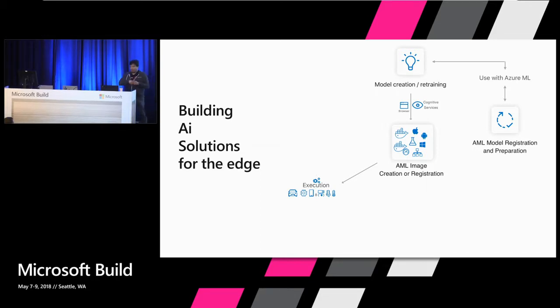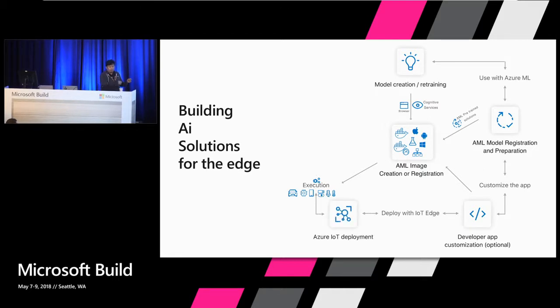So the path we're going to be following right now, remember we captured that data. We're going to be preparing and registering that model. And of course, you can go directly from there to create an image and deploy it. But we're actually going to create an application for that model. When we create that application, we can also go to an image and get it deployed, which is exactly what Ted just showed you.